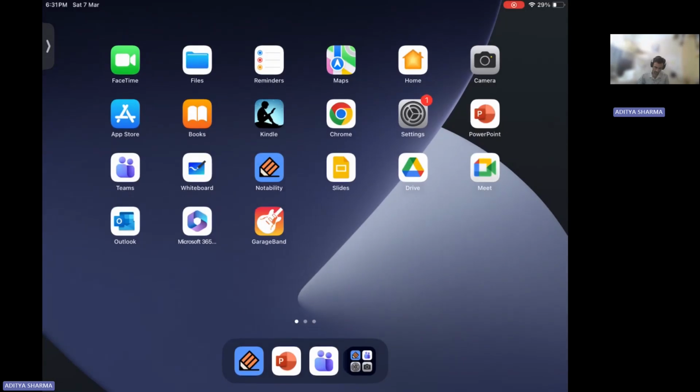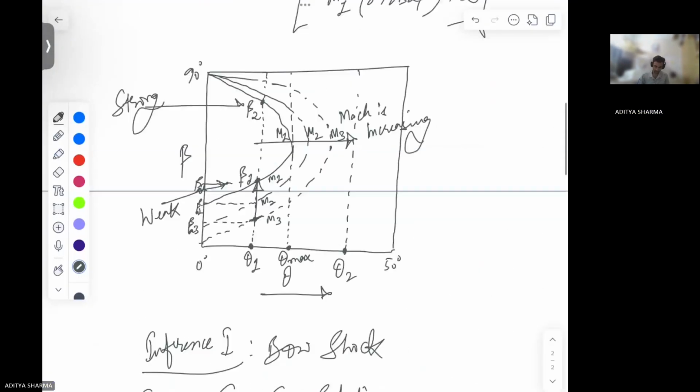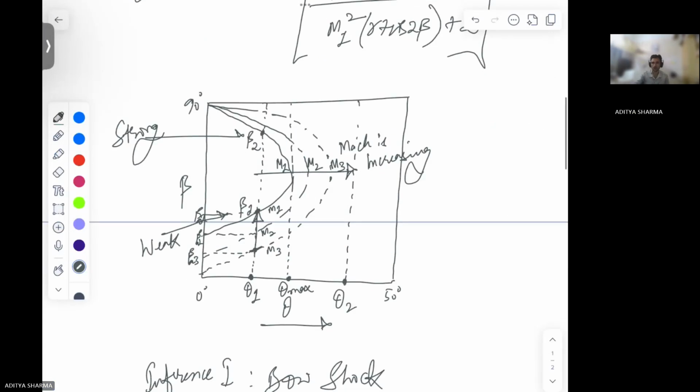If you will increase the Mach, what will happen to your maximum deflection angle? So we'll return to the graph only. So now we see what happens to your maximum deflection angle.